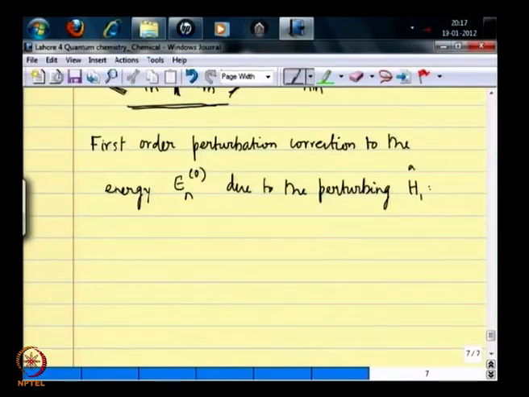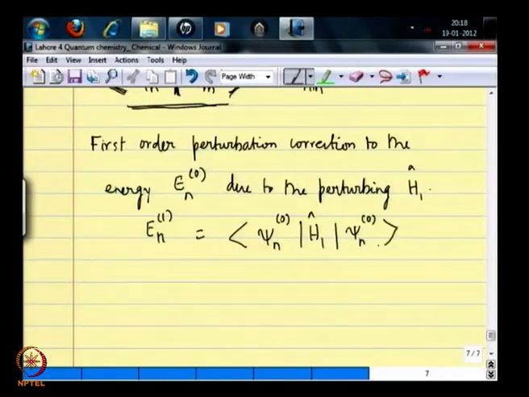And we know the formal expression for the calculation of the first order correction En1 is given by the matrix element of the perturbing Hamiltonian between the corresponding eigenfunctions of the zeroth order Hamiltonian.